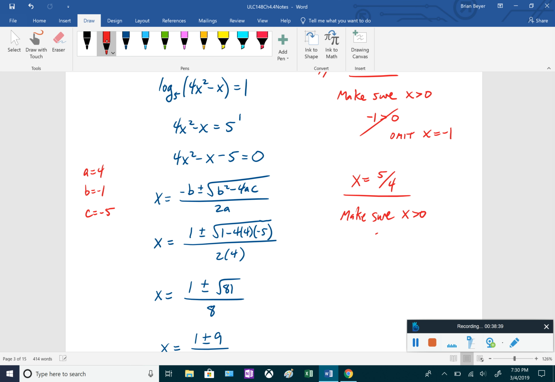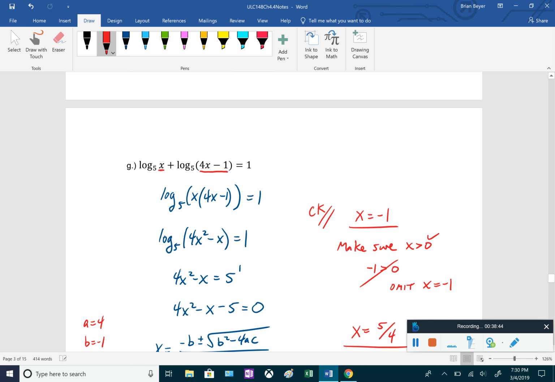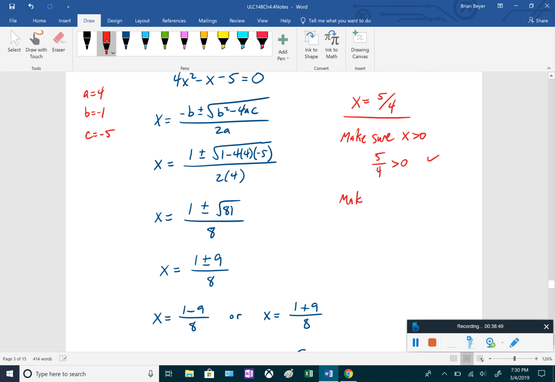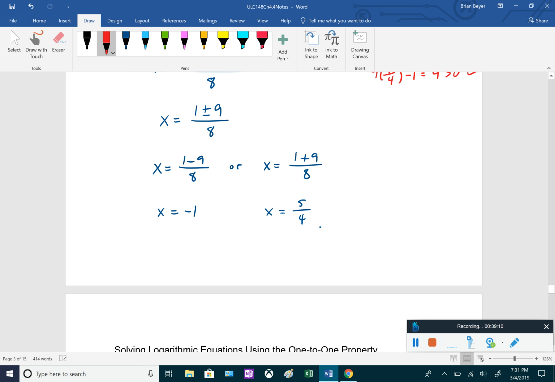So x is positive because x is just 5/4. 5/4 is obviously a positive number, so that one's good. And next we have to make sure that 4x minus 1 is positive. So plug in a 5/4 minus 1. That ends up being, the 4's cancel, we get 5 minus 1. That equals 4, which is positive, so that one's good. So we have to omit the negative 1, and x equals 5/4 is our only answer.